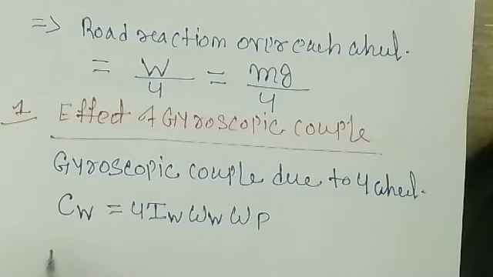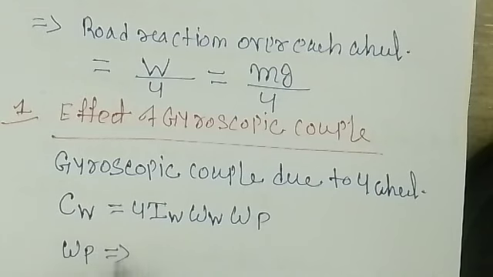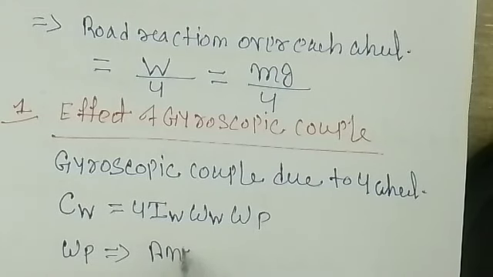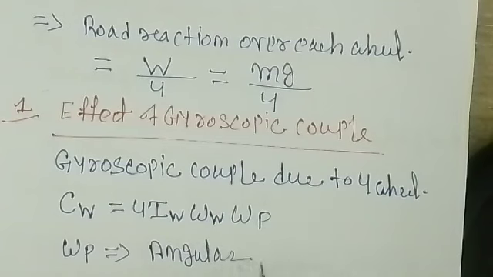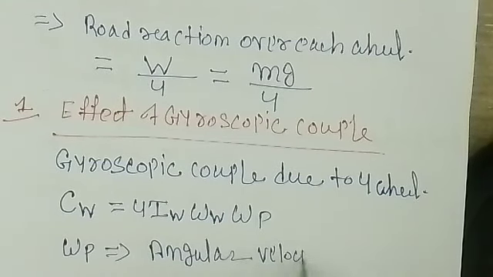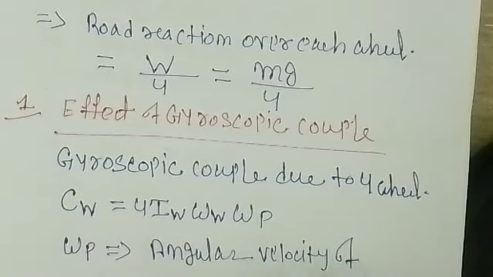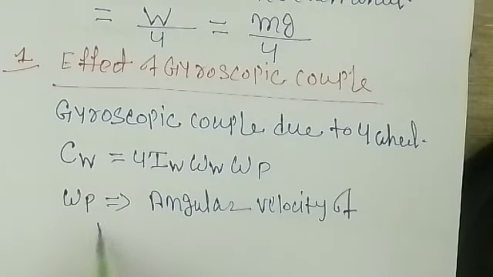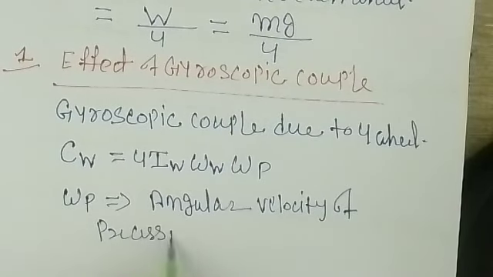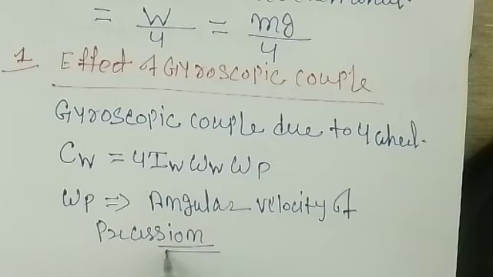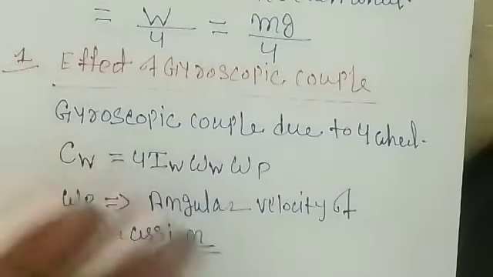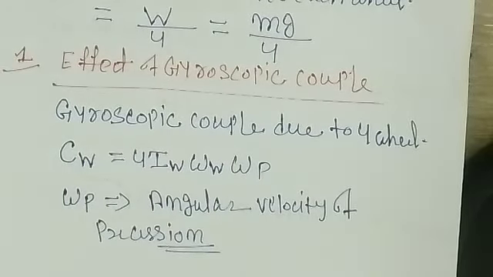This is the magnitude. Here omega_P is the angular velocity of precession, right? You know that whenever the body changes its axis, meaning the axis of rotation changes, precessional motion comes into play.